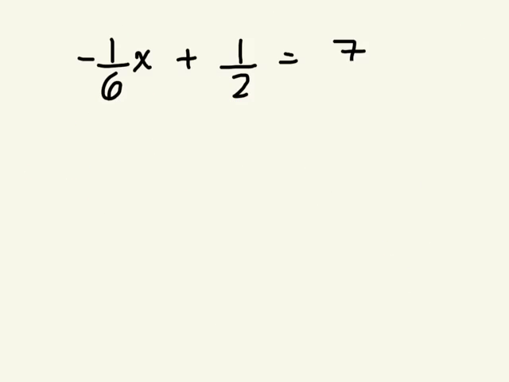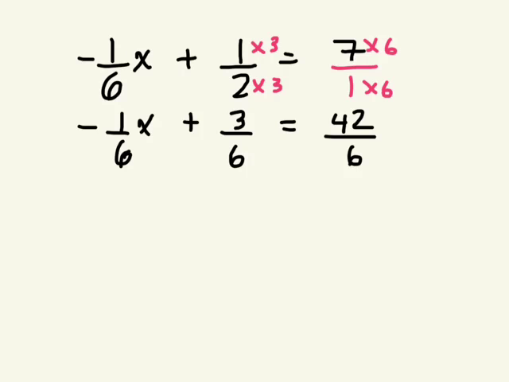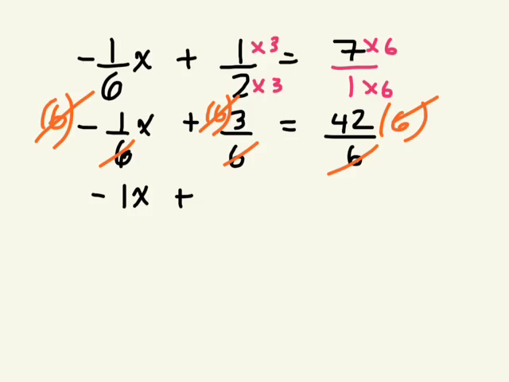Good. Okay, so the first part, lowest common denominator is 6. Multiply by 3. Rewrite with the common denominator. Multiply everything by 6 to cancel it out. Good. And rewrite the equation. Negative 1x plus 3 equals 42.